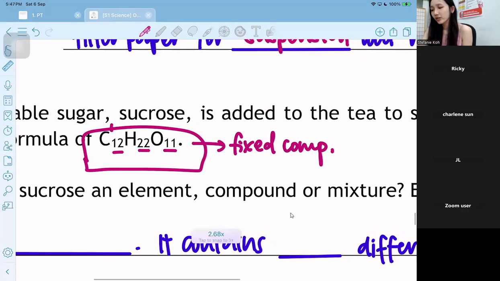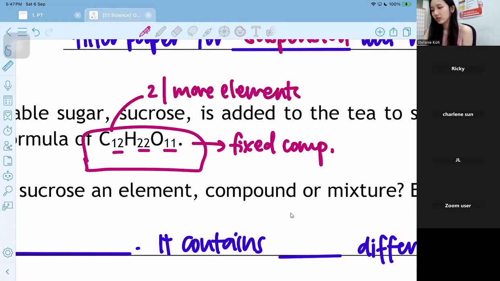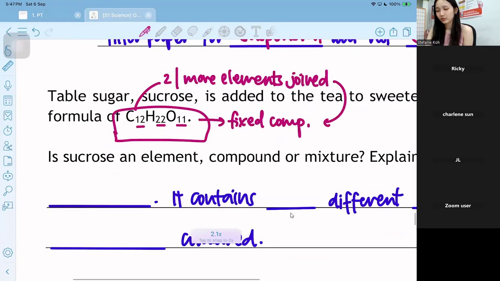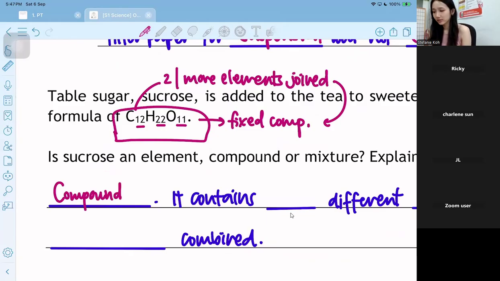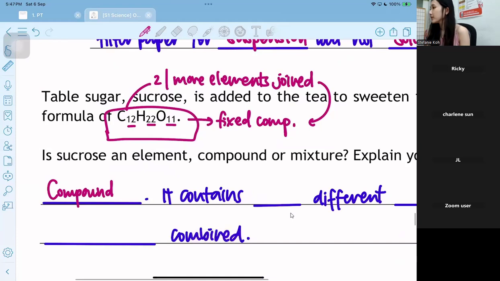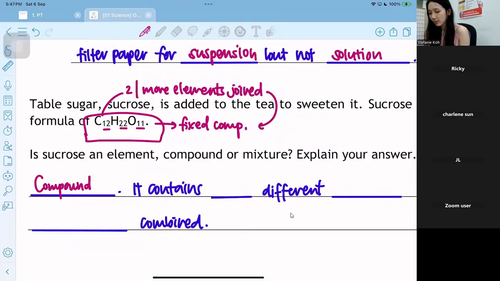Two or more elements joined, and in fixed composition, it must be a compound. So that's how you analyze the question. Okay, it's a compound. Like I said, it contains different elements chemically combined. In this case, 3.